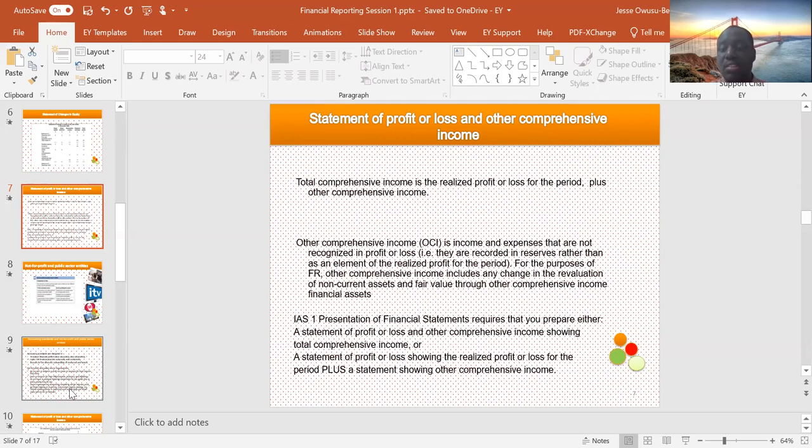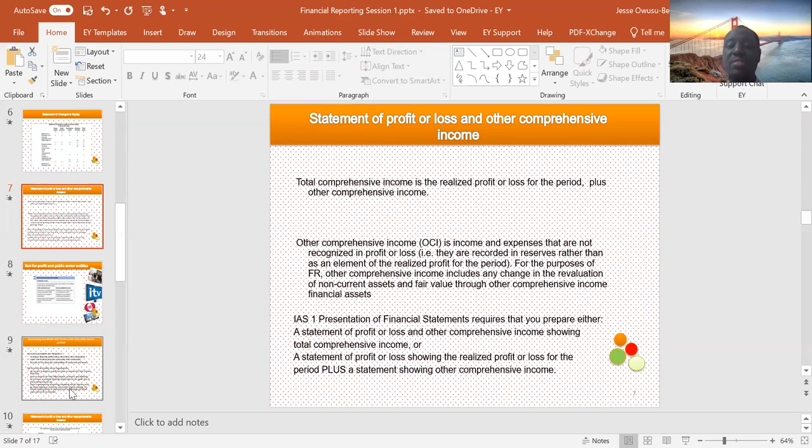There's a profit and loss section, and there's the other comprehensive income section. The other comprehensive income section is income and expenses that are not recognized in profit or loss. They are recorded in reserves rather than as an element of the realized profit for the period. Keep that in mind. They are recorded as reserves.